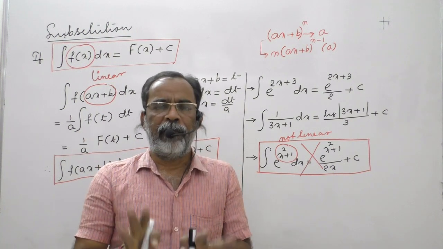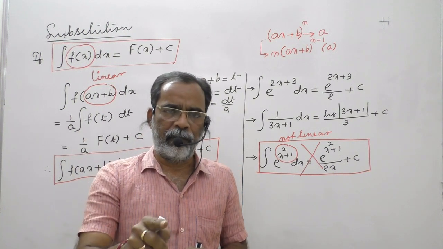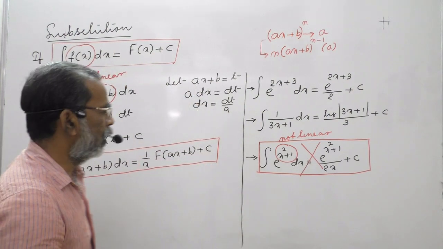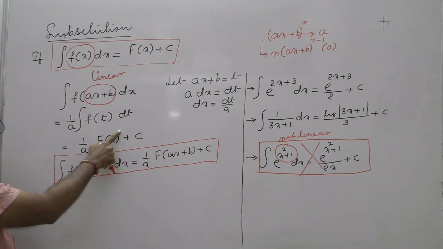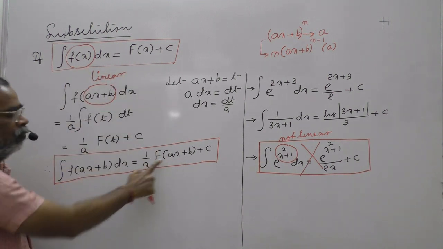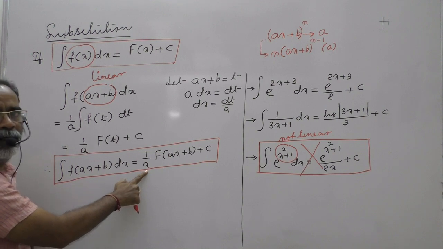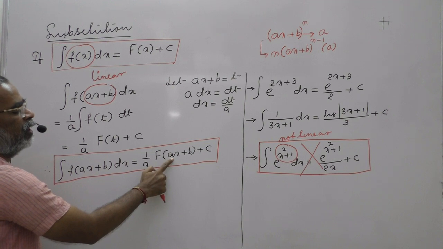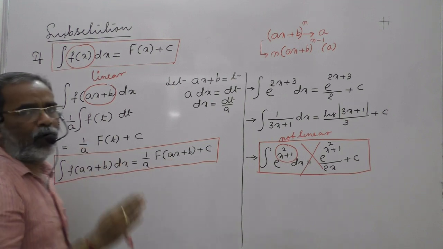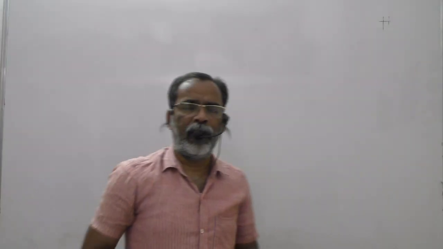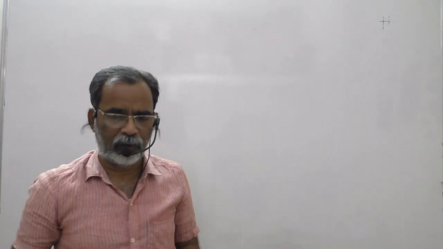If a linear factor is there in place of x in those 27, those integrals will be found in this way. The same formula will be applicable. What has to be done? If the linear factor is there, its derivative comes in the denominator. Is it clear? Yes. Now we are in the method of substitution.